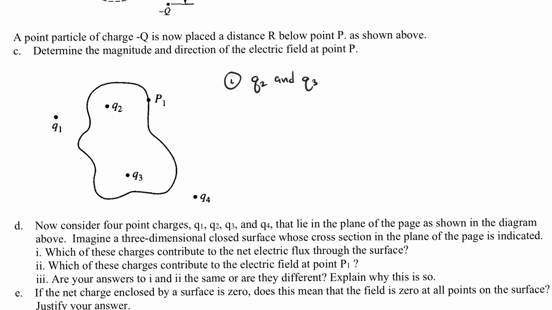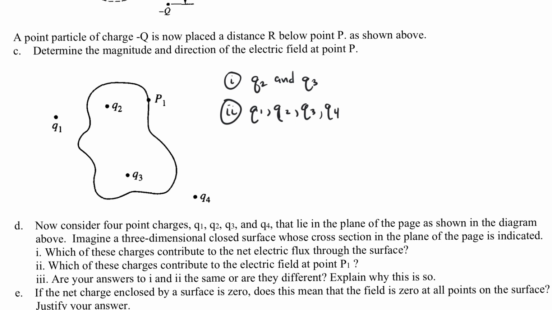And same for Q1. Now that doesn't mean that they're not affecting the electric field. They're just not affecting the flux. So question 2, which of these charges contribute to the electric field at point 1? It's all of them. They all contribute to the electric field. So I'd list Q1, 2, 3, and 4.